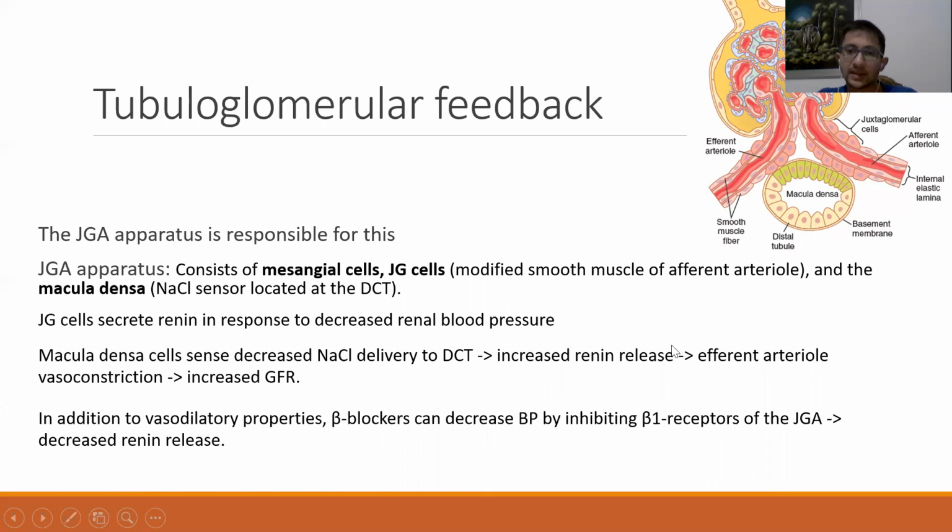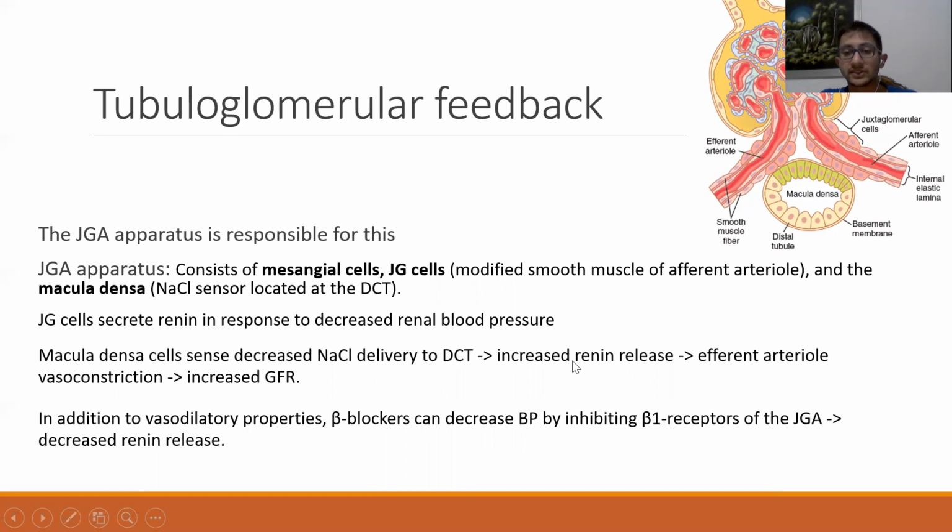They're part of it. And that leads to increased renin release because the juxtaglomerular cells are right next to it. Even though we think of the distal convoluted tubule as away from the start of the nephron, it's actually right next to it in the beginning. So they're all really close by because they're part of the juxtaglomerular apparatus.